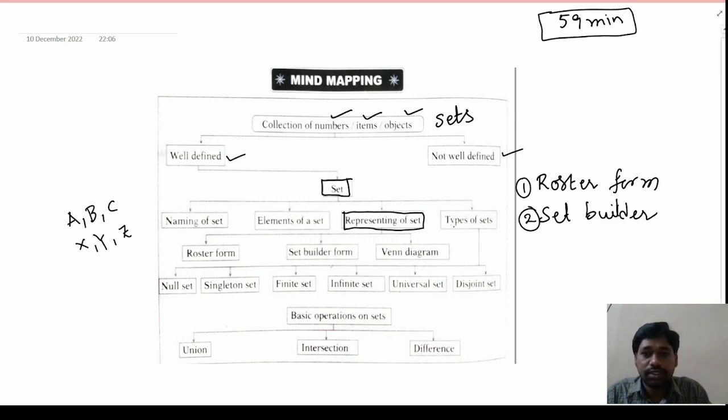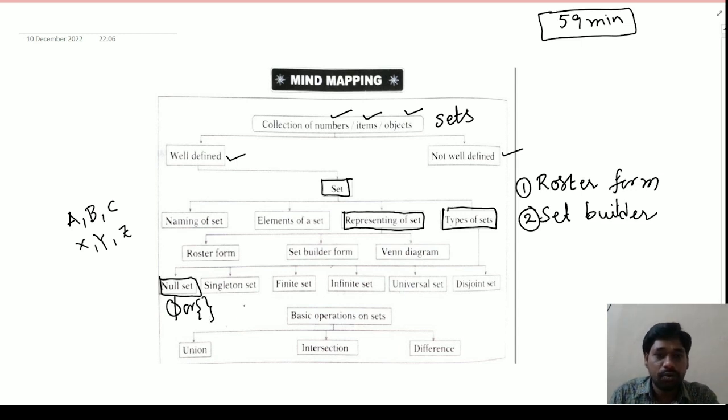Next, coming to the types of sets, we have different types. Null set means there are no elements in the set. It is also called a void set or an empty set. It is represented by phi, or simply by curly brackets without any element.